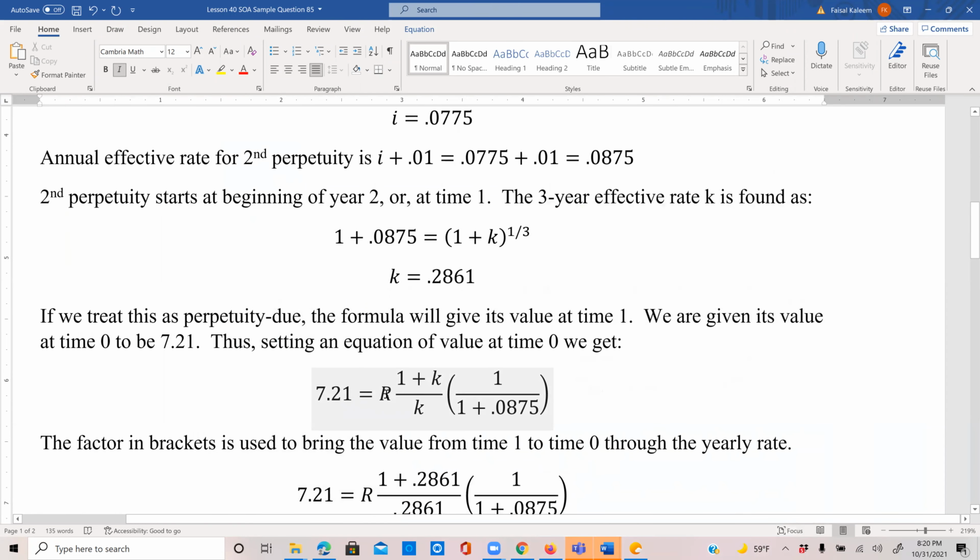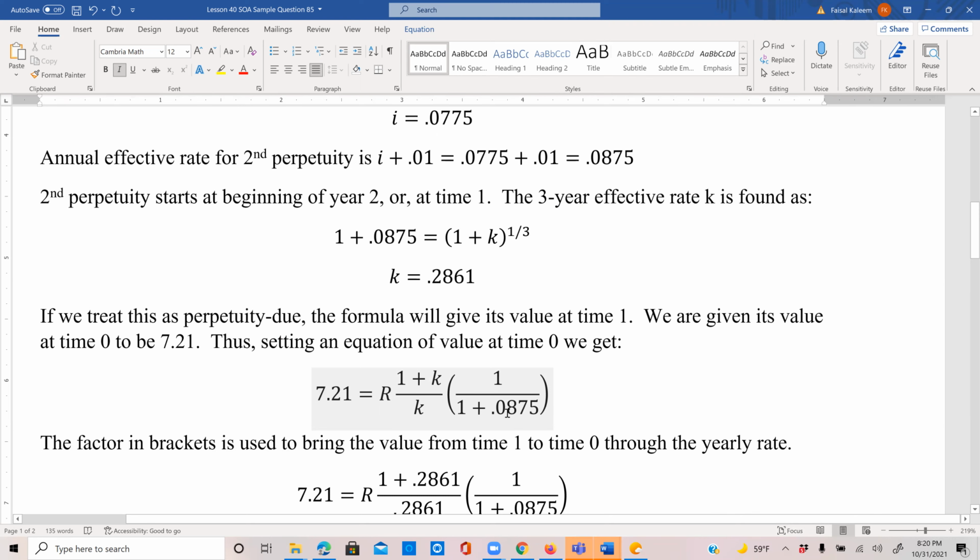But when we use the payment times (1 plus K) over K, that gives the value at the time of the first payment, which is time 1. So we want to push it back to time 0. So we multiply it by 1 over (1 plus the annual effective rate), because from time 1 to time 0, it's 1 year.